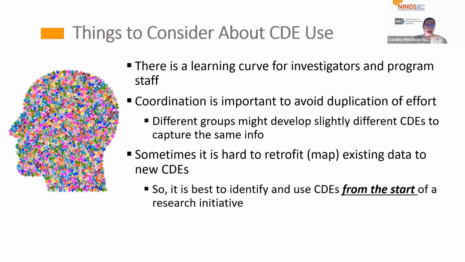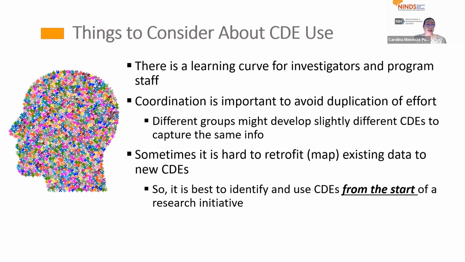So hopefully you have a data center or data coordinating center or data team that can support you in devising a plan, if it's an NIH application, like the data management and sharing plan, or overall, it doesn't matter who your funding agency is, of making sure that you have a good plan on how to collect your data.